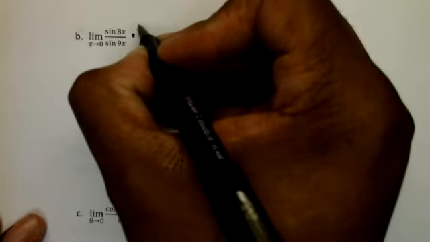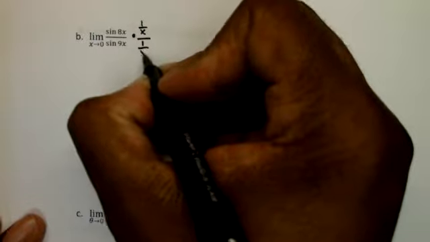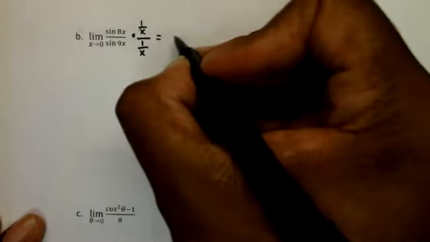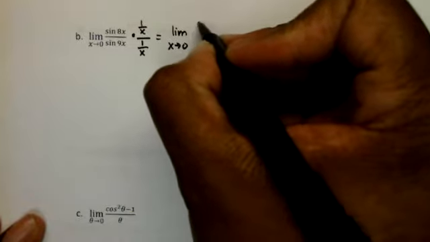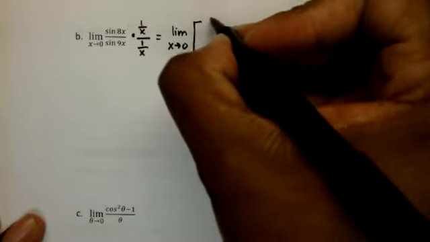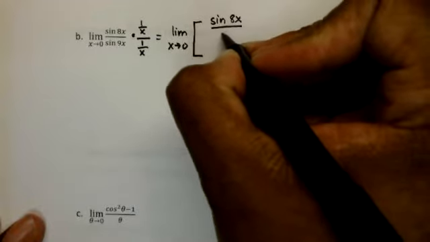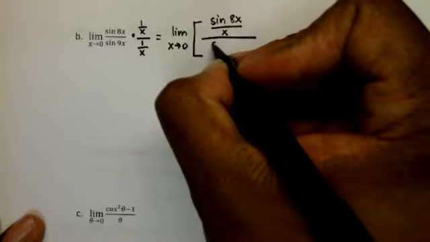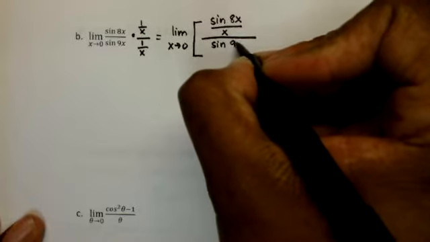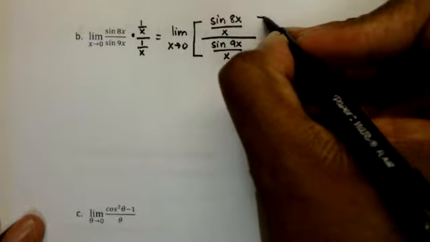So what I'm going to do here is multiply the numerator by 1 over x and the denominator by 1 over x. So here's what I'm going to have. The limit as x approaches 0 of, in the numerator, sine of 8x all over x, divided by the sine of 9x divided by x.